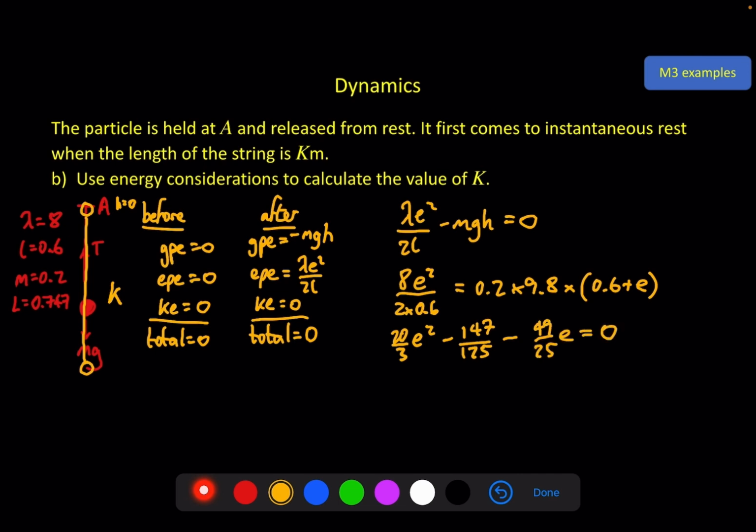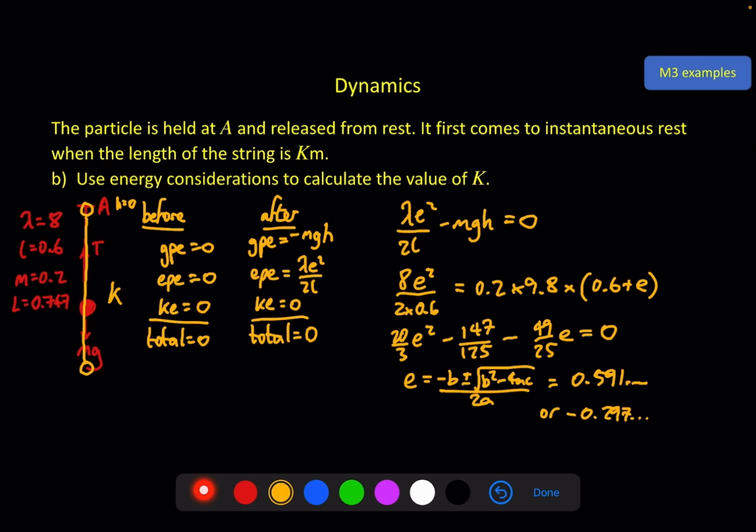This then is a quadratic equation in e, and in the exam you should show your process. So let's say minus b plus or minus the square root of b squared minus 4ac all over 2a, and that will give me 0.591 dot dot dot or minus 0.297 dot dot dot.